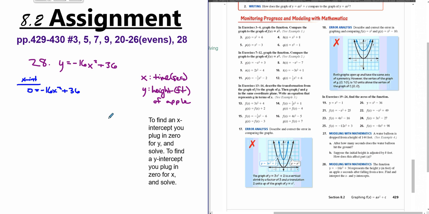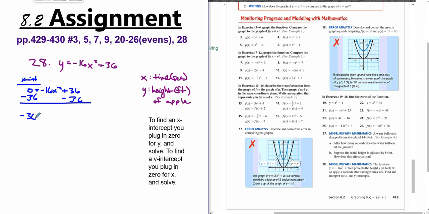Just briefly thinking about what this graph looks like, I have 0, 36 for the vertex, the coordinate 0, 36. It's opening down, and it's a vertical stretch by a factor of 16. So I know I'm going to have some x-intercepts because my vertex is at 0, 36, and the graph is opening down. The parabola opens down. All right, so to solve this one, well, you know how to solve, we can actually solve these equations by just subtracting 36 from both sides.